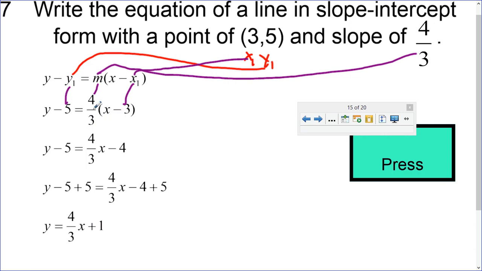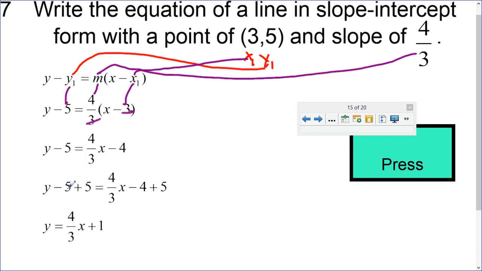When I multiply 4/3 times negative 3, the 3's cancel out, leaving me with 4 times a negative 1, which is negative 4. So I have y minus 5 on this side, and 4/3 x minus 4.